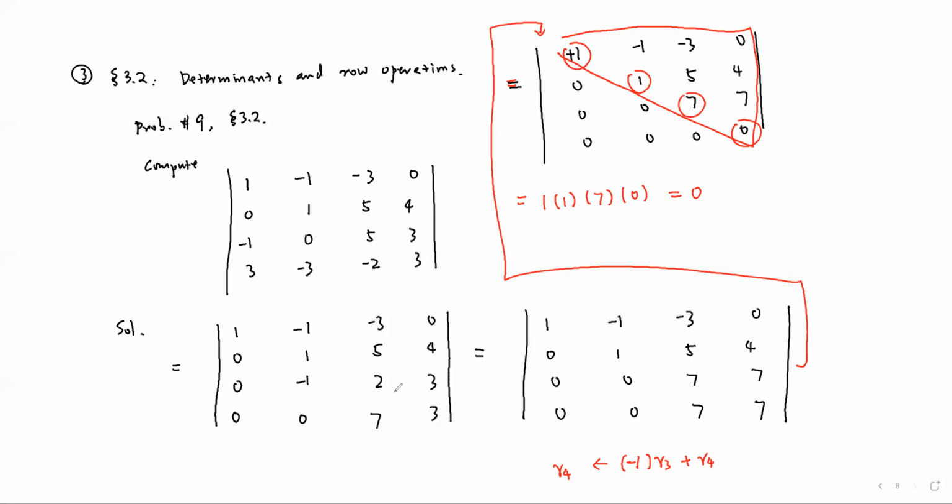Also in this example, I didn't factor out a common factor from a row. Actually, in this row, 7 is common, so you can take 7 out, but here I didn't use that row operation.